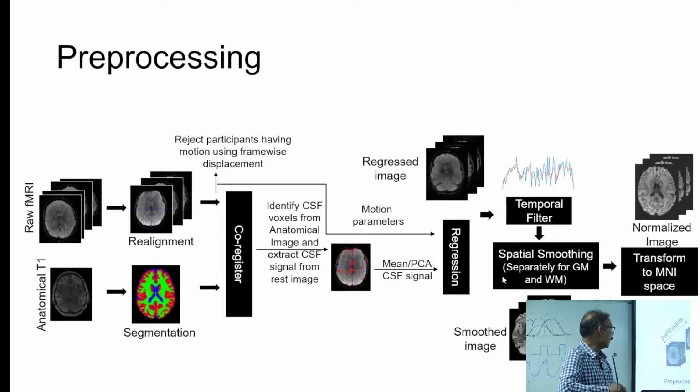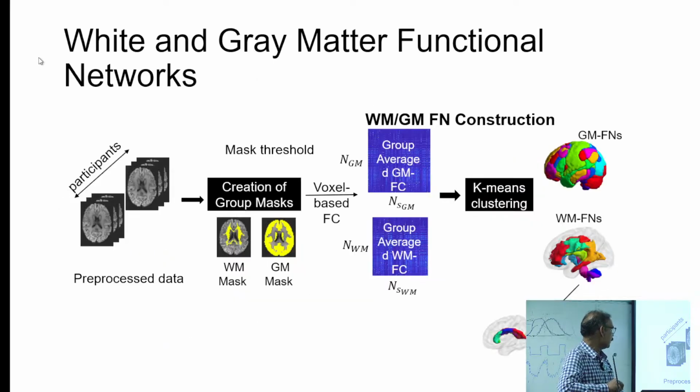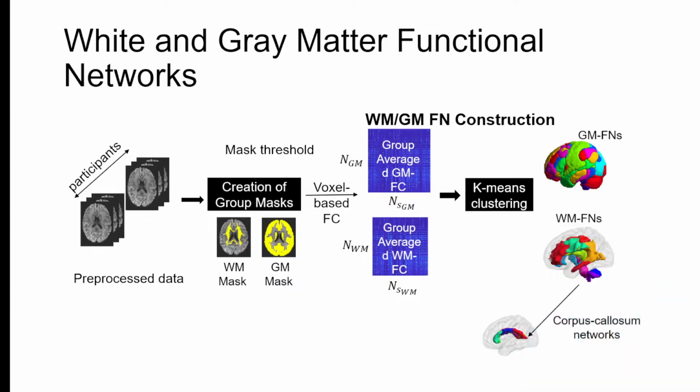And then it will take all the participants and create a white matter mask and a gray matter mask, and then it will create the gray matter functional network as well as the white matter functional network. Like this is the corpus callosum, how they are related to different regions, right?